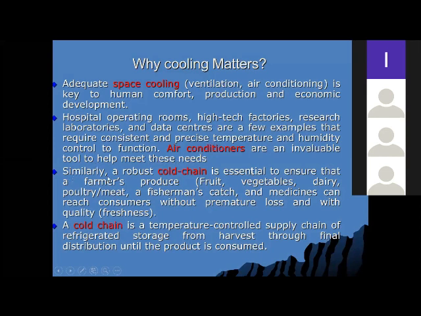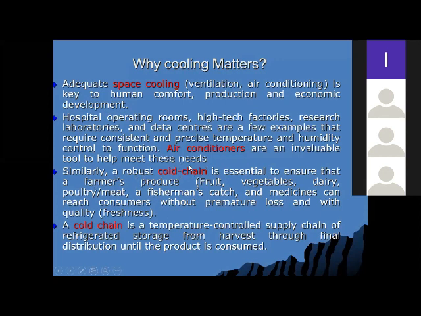Okay. Then of course cold chains. Cold chains are essential to ensure that the farmers' produce, their fruits, vegetables, and dairy, poultry, meat, and fishermen's catch, and medication can reach consumers without premature loss and with quality and freshness. So cold chains are also important.